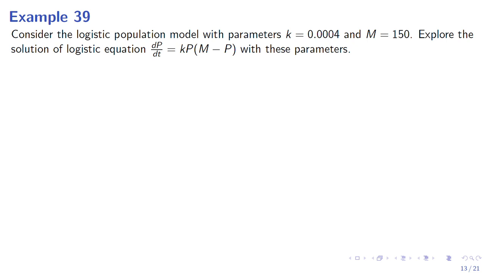Okay, let's do this example. Consider the logistic population model with parameters k and M given. Explore the solution of the logistic equation with these parameters. Okay, let's do it. We have our ODE dP/dt is k, which is 0.0004, times P times (150 minus P).